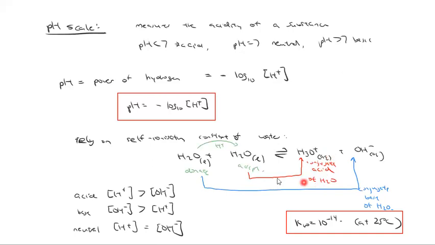If you take a look at water, for example, this is 1 to 1 to 1 to 1, which means that when water self-ionizes, the ratio of H+ or H3O+ and OH- will always be equal.